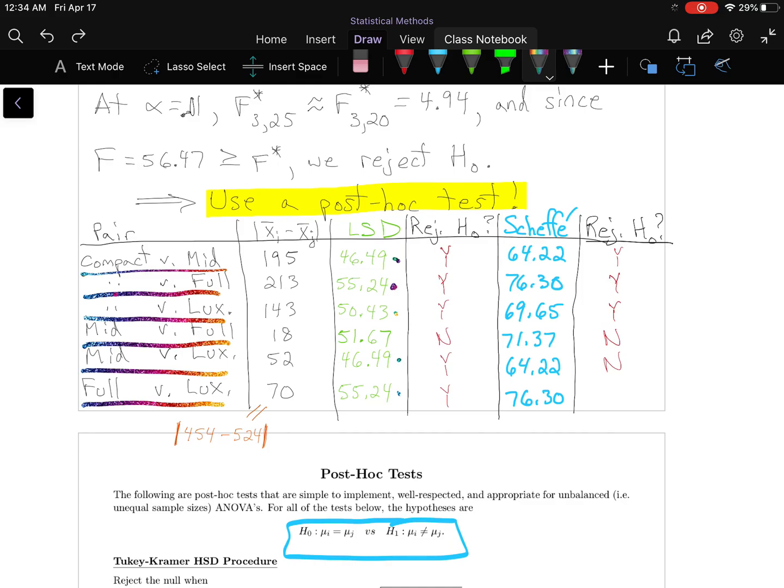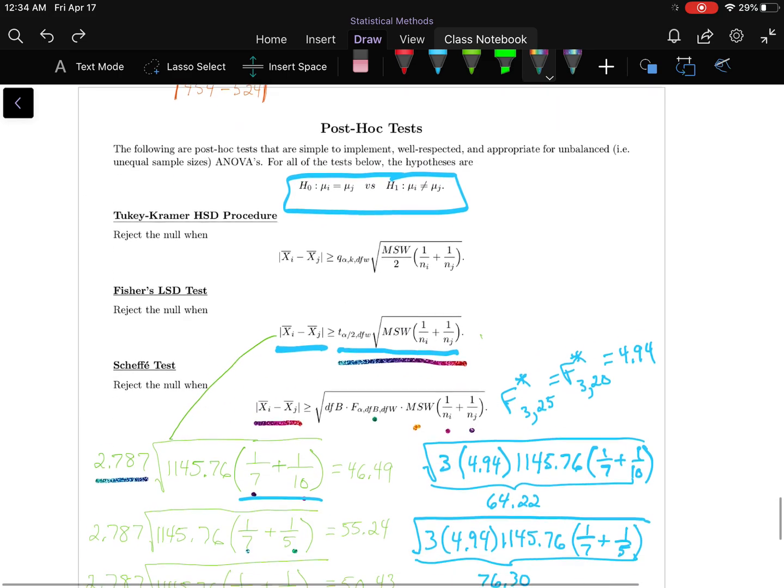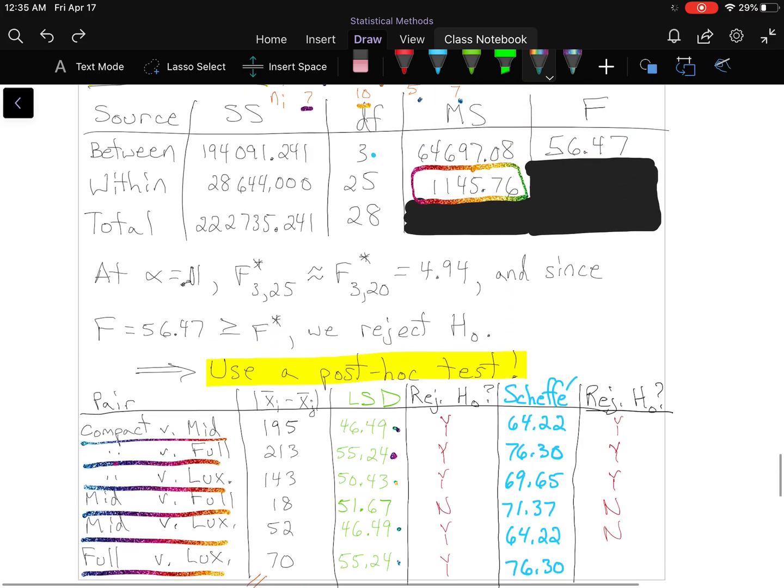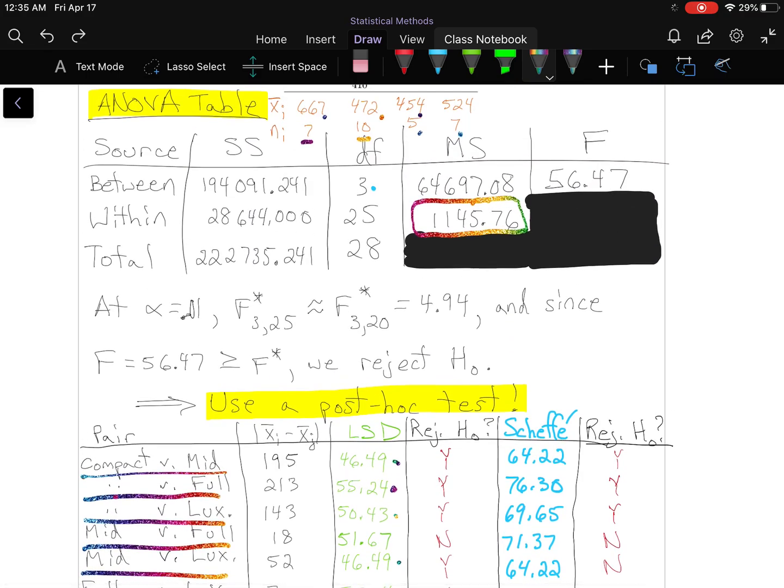The least significant difference is the bound on the right-hand side for Fisher's LSD test. So we need a t critical value based on half of the significance level, which in this case 0.01 is the significance level, so 0.005 is the column that we're going to be looking under, and the degrees of freedom is going to be the within degrees of freedom, which according to our ANOVA table is 25, right there.